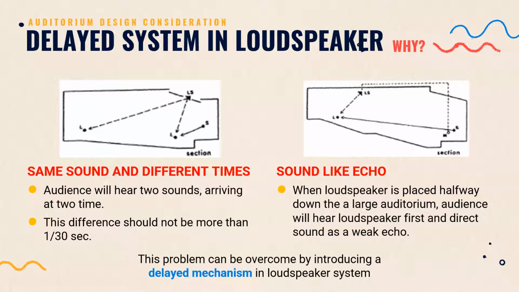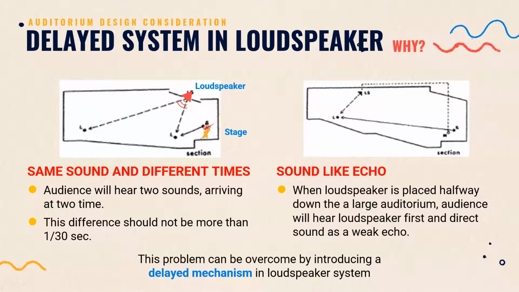This happened because the singer's voice was transferred faster to the loudspeaker and reached the listener compared to the direct sound. Okay, stage here and the loudspeaker is here. So imagine you are over here. Okay, you can hear first the speaker and then only you can hear the direct sound from the singer.